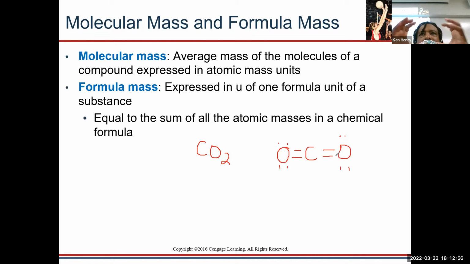Now this guy acts as a unit, right? They're acting together, totally interacting together, so they act as one complete unit. Where if we take something like sodium chloride, it is going to be a little bit different, right?